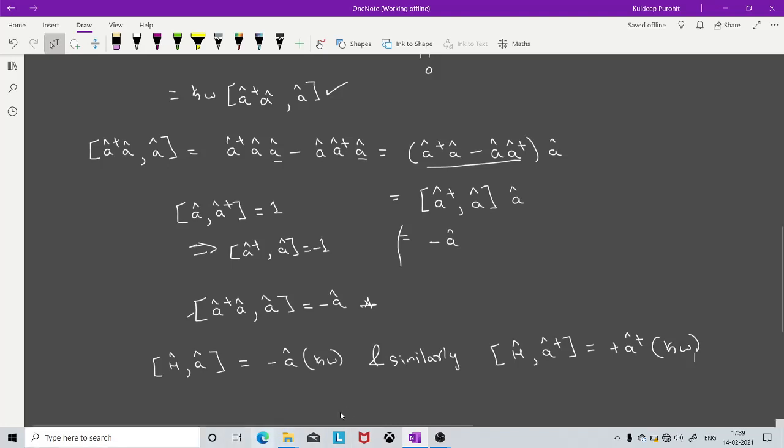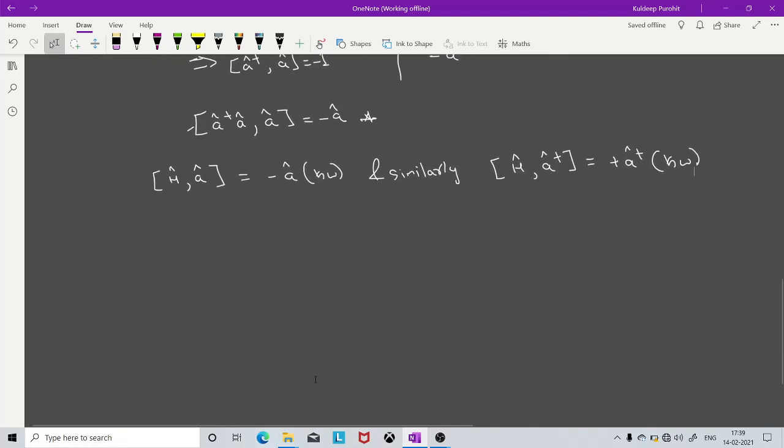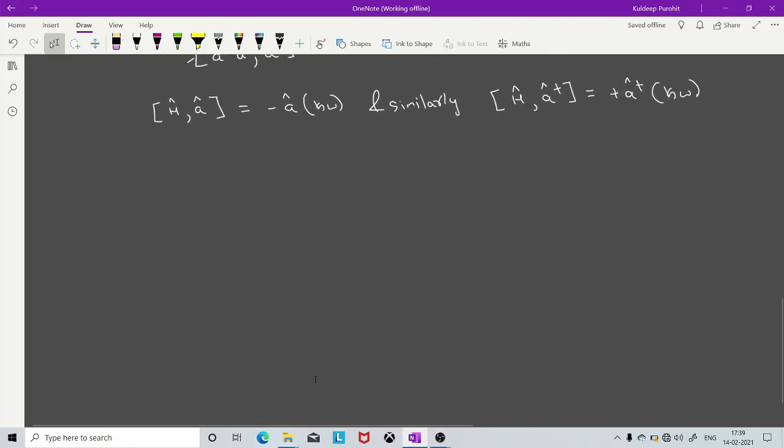So these are two important commutation relations which you have to remember. And let me derive some more quantities.